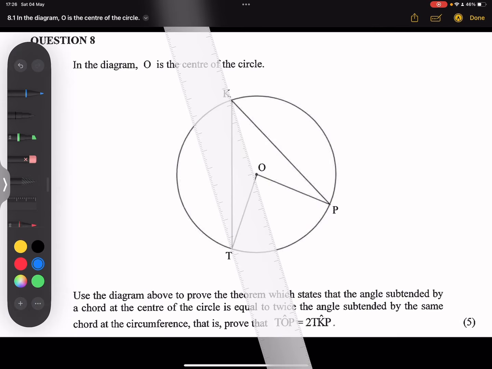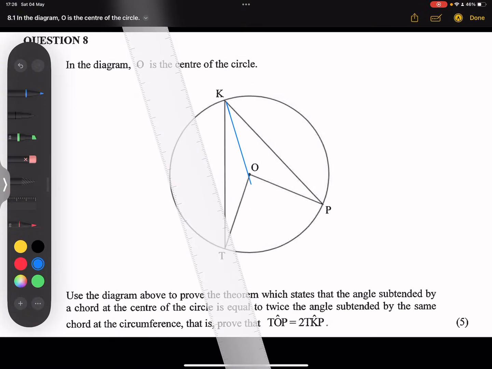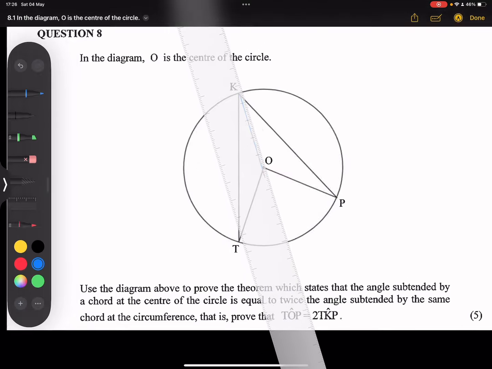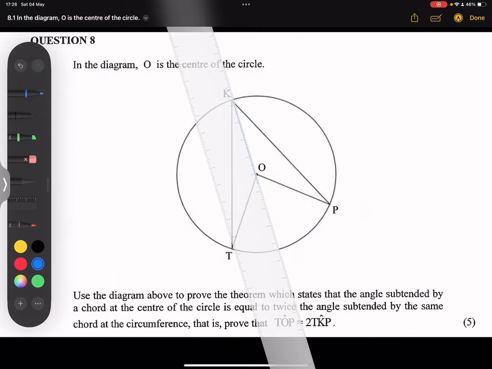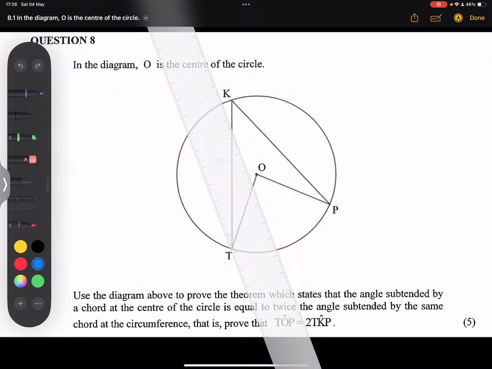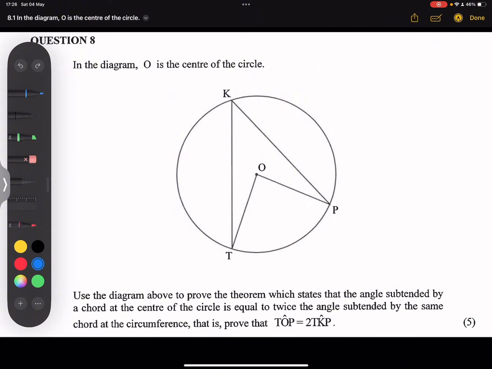Okay, so that's construction line KO. There it is there. You can just extend it a little bit so that you can see it. Okay, so for some reason my line is very skew. So there's line KO over there.